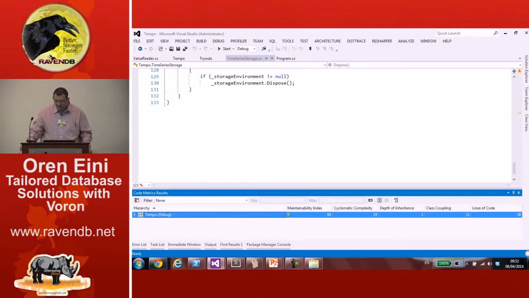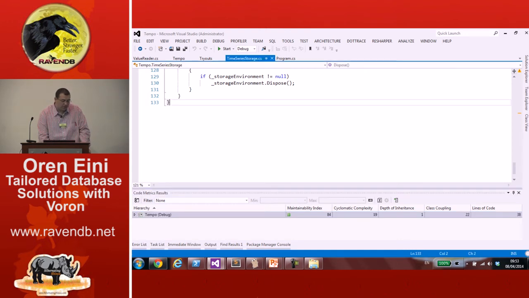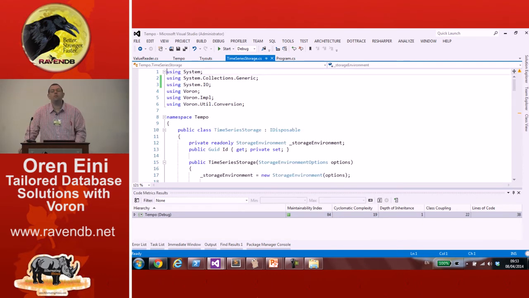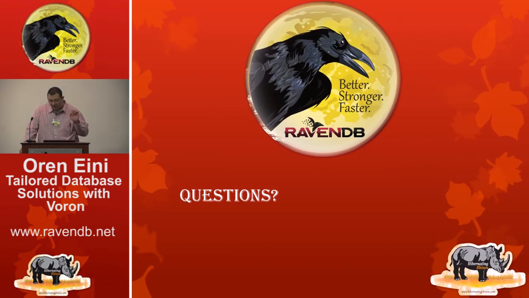We have a database, at least according to Visual Studio, in 38 lines of code. In practice, including all of the nonsense like that, it's 133 lines of code to have a database that is capable of handling millions of records per second and an insane number of writes.